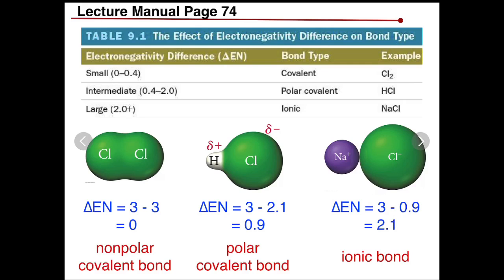So again, the general guideline we talked about earlier: when you have non-metal and non-metal, they form a covalent bond. It comes from this idea, because the difference in EN value is not much compared to an ionic bond.